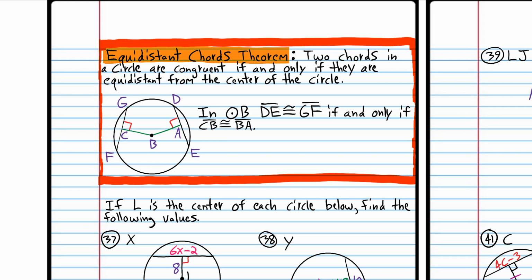So if those chords are congruent, then the distances from the chords to the center are also equal. But look, it says if and only if. So that's a biconditional statement, which means the converse is true also. If the distance of two chords from the center is equal, then that means the chords are congruent. So the converse of that is true also.